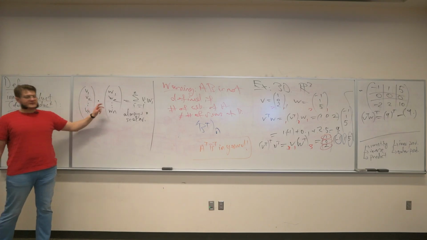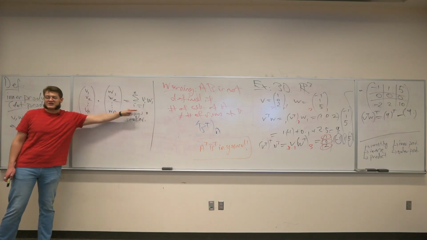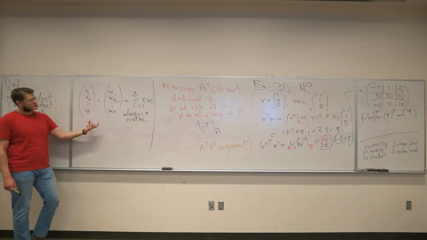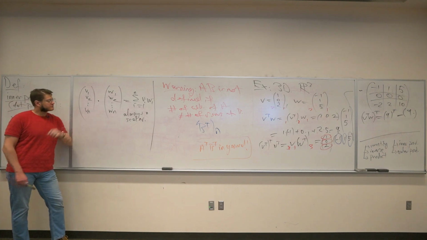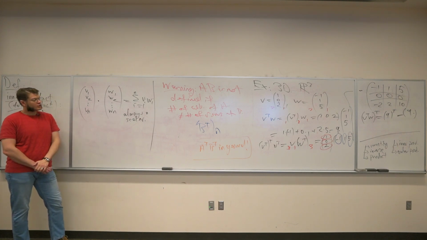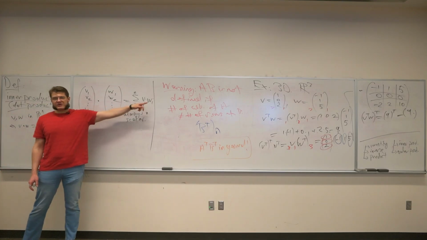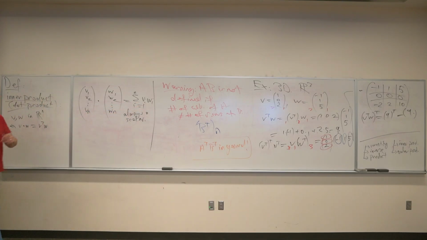One interpretation of this number that you end up getting is it says something about how these two collections of data correlate. So if this dot product is 0, they're sort of orthogonal. They're independent collections of data. And when you're starting to talk about these kinds of things, you also want to think about the correlation between arbitrary matrices of the same dimension.